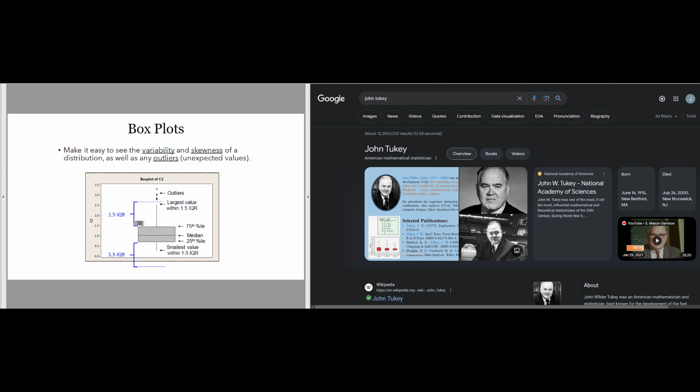So let's have the upper part in our box plot, the so-called whisker of the box plot, extend out to be 1.5 times the width of the interquartile range. And likewise, on the lower end, we'll also have 1.5 times the interquartile range.